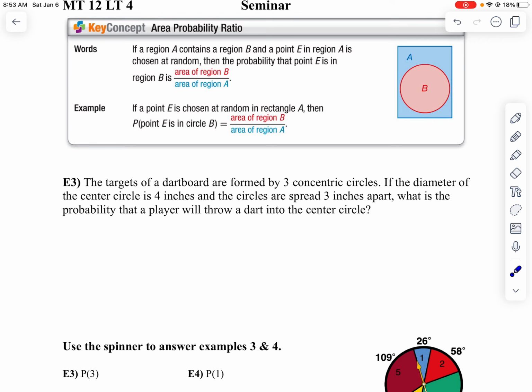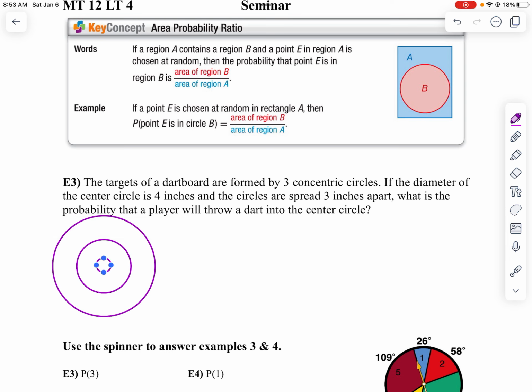Now, if we take a look at example 3, it says the targets of 3 dartboards are formed by 3 concentric circles. So I think what we'll do to start with, let's model this. Let's draw a picture. We're going to make 3 concentric circles. I didn't make them very concentric there, did I? Okay.